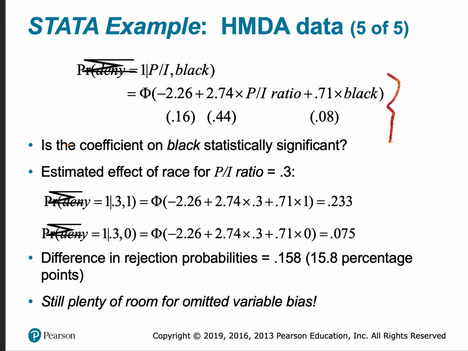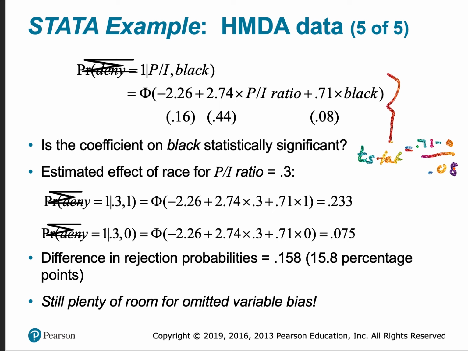We can ask, is the coefficient on black statistically significant? And we would solve that using our standard test statistic. You would do a t-stat, which is 0.71 minus 0 all over 0.08.